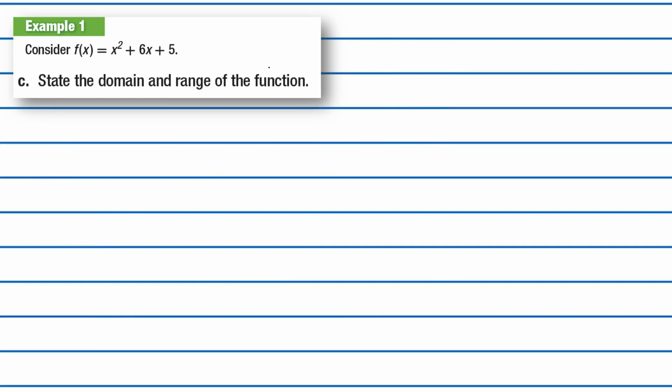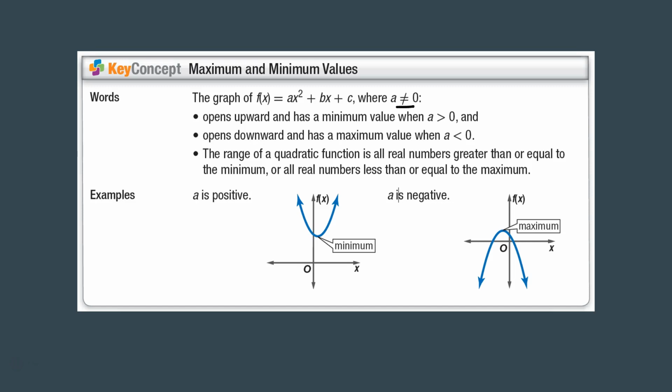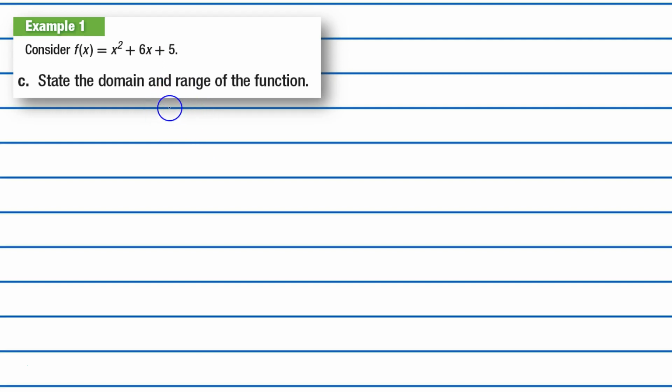So with the same problem, we want to state the domain and range of the function. If we look back to a couple slides before, this is how I'm getting this information. So the domain is going to be all real numbers, and that's because there's no limit to our x values.